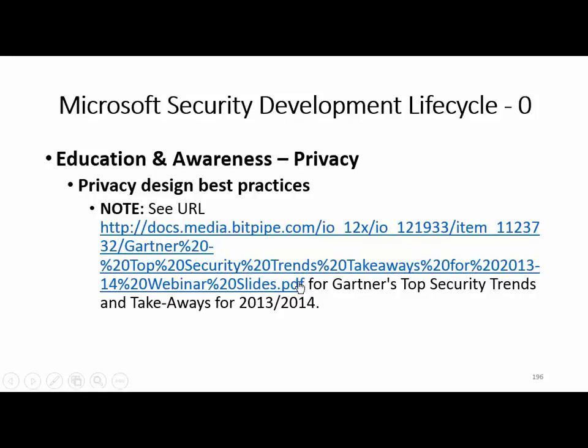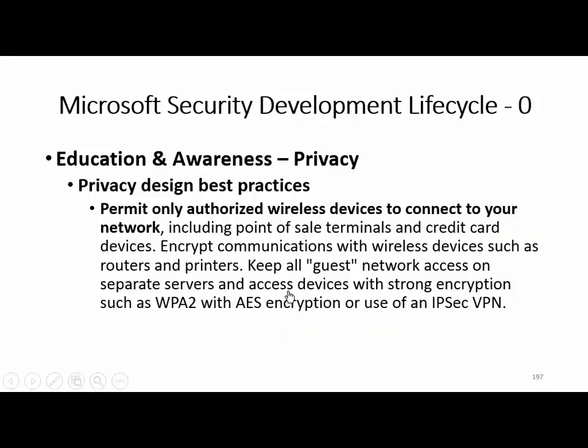Here is a URL for some stuff in here on, as it says, for Gartner's top security trends and takeaways. So a lot of this will be repeated in there.